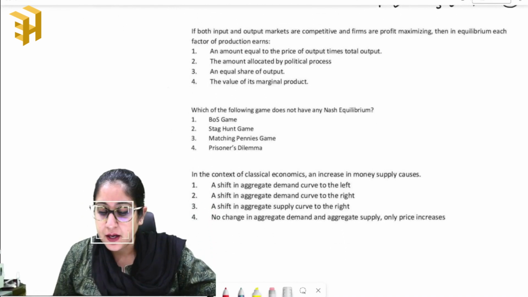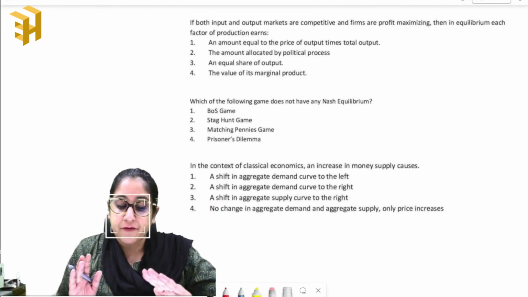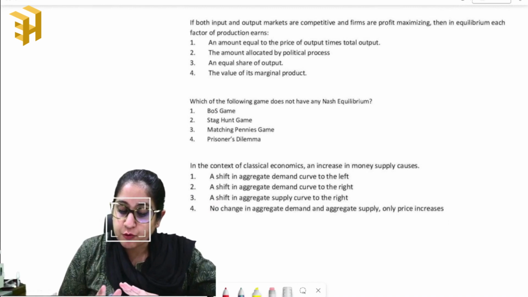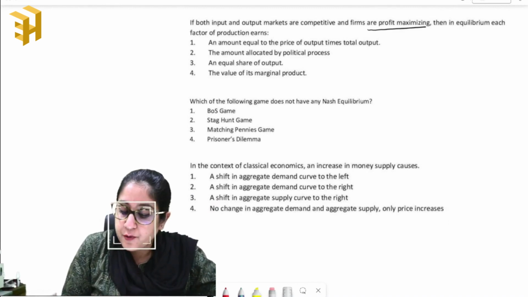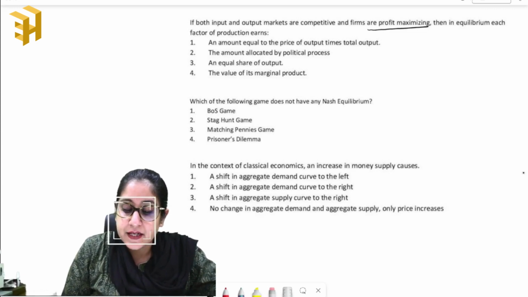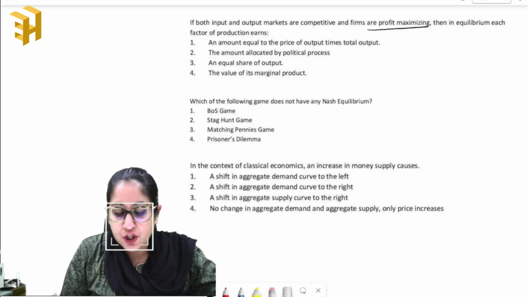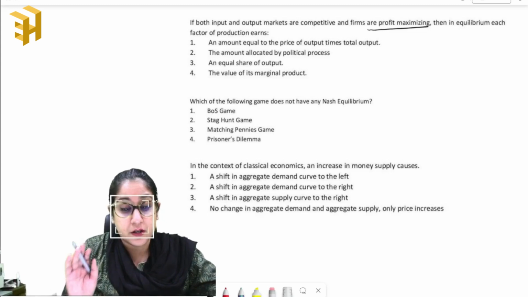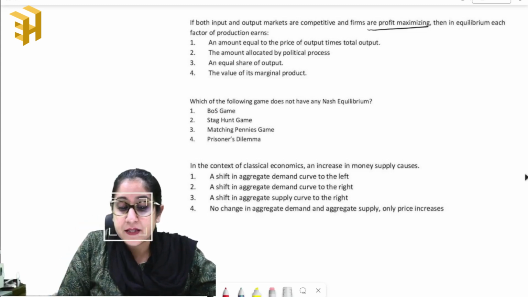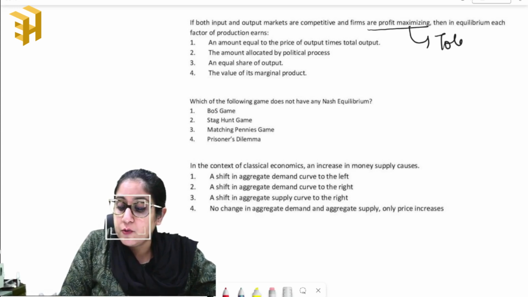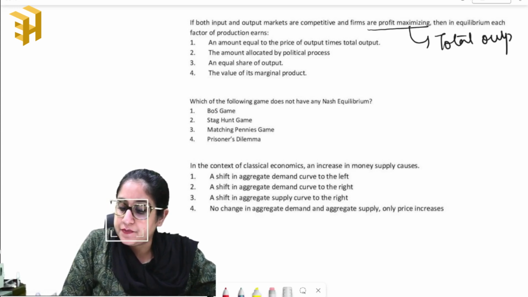Next question. If both input and output markets are competitive and firms are profit maximizing, then in equilibrium each factor of production earns... Now if they are competitive, then your total output will be exhausted.